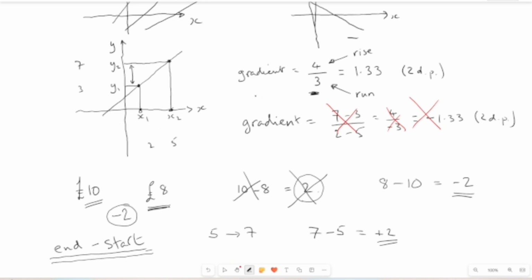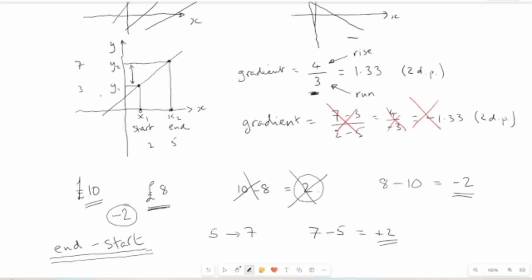And when we come back to here, we can see that the line has gone in terms of increasing x from x1 to x2. So this is our start, this is our end, and the corresponding y points are the same.